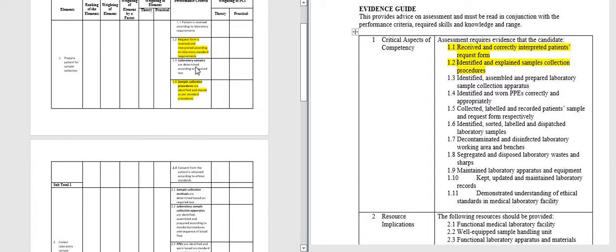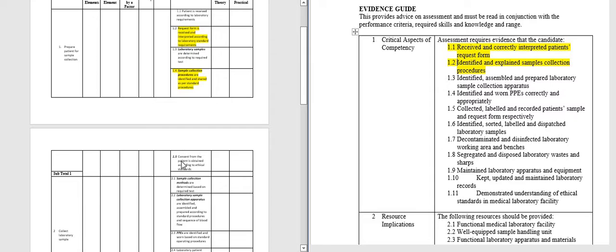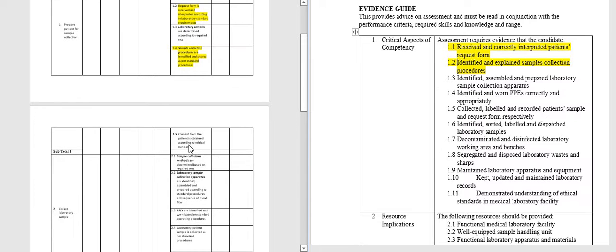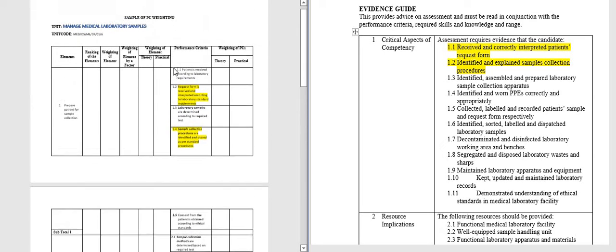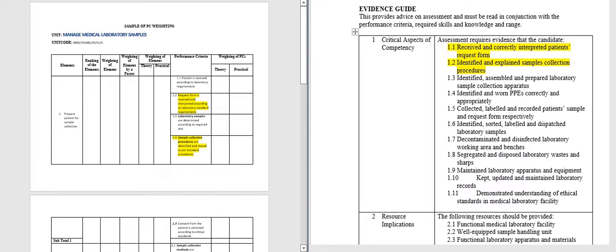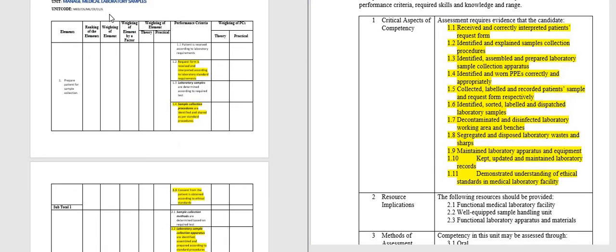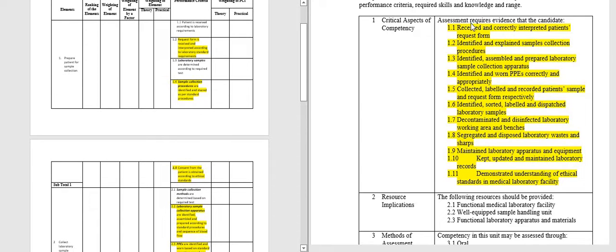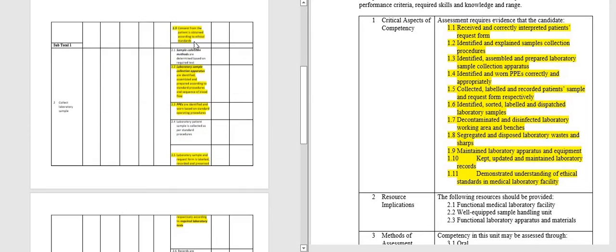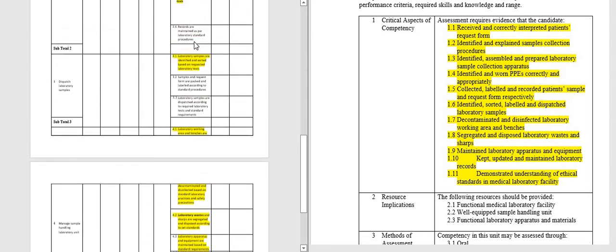So you do that all through for all the elements, and so you can also do that. Yes, so as you can see, all the critical aspects that are captured in each and every element have been indicated here.